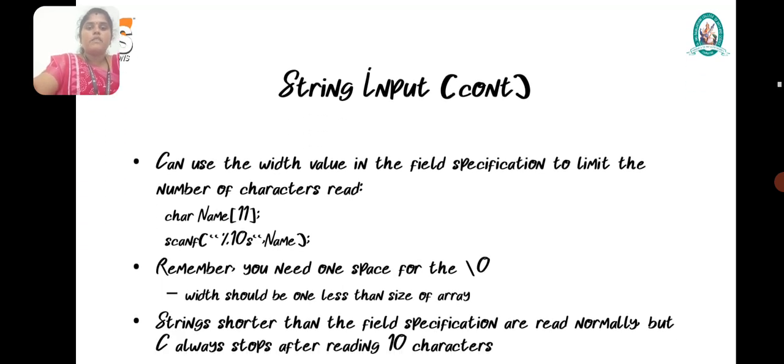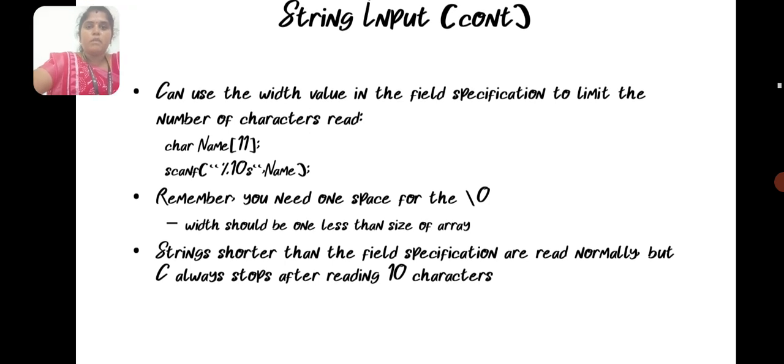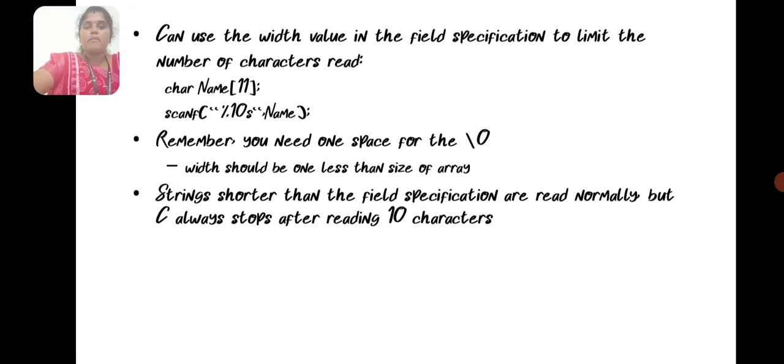Next, we can use a width value in the field specification to limit the number of characters read. Here I specify the number of characters to be read into the variable name. With char name[11], we write scanf("%10s"). Instead of %s, I specify the number of characters to be read, so 10 characters are read into the variable name.